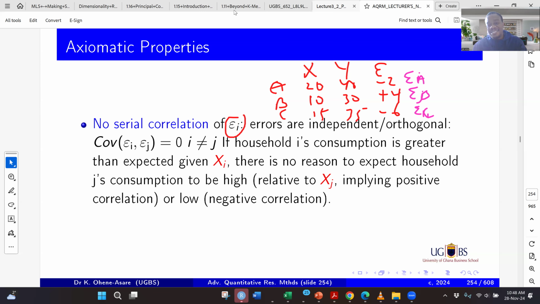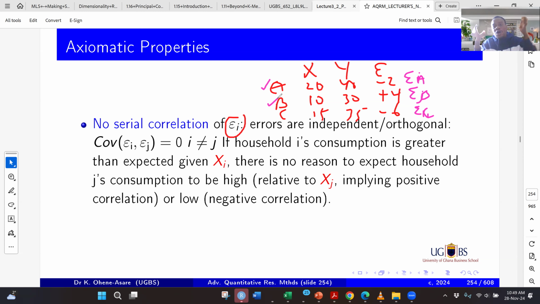What we are saying is that the error A and error B must not depend on each other. It is like this guy experienced some company problem. Maybe there was a change in CEO. And then this one too experienced a change in CEO. And this guy's change in CEO was because these people changed their CEO. That is also why they are changing their CEO. No. There must not be any dependency.